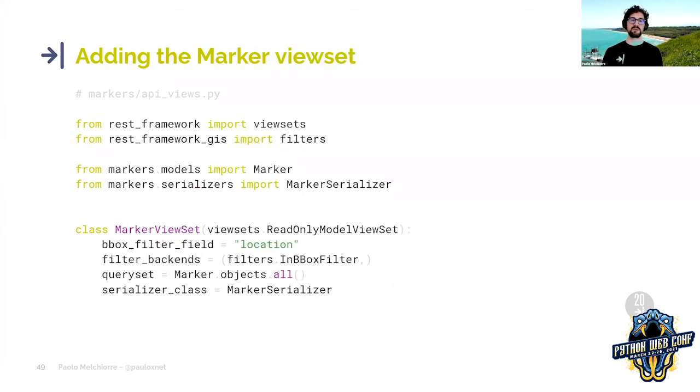Our intention is to expose our markers via a RESTful API, and to do so, we define a read-only viewset. We set the location as a field to filter our markers, and then a filter based on a bounding box. We also return all our marker instances without limitation or filters.